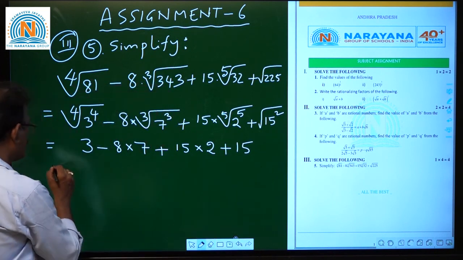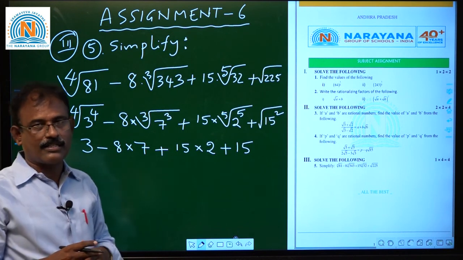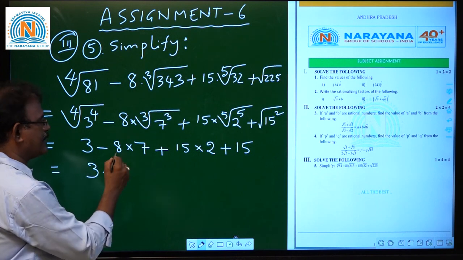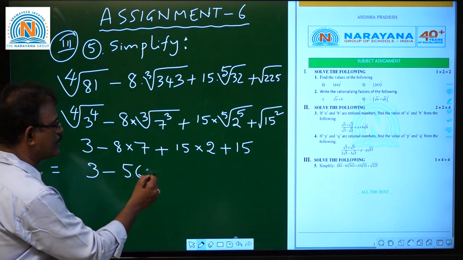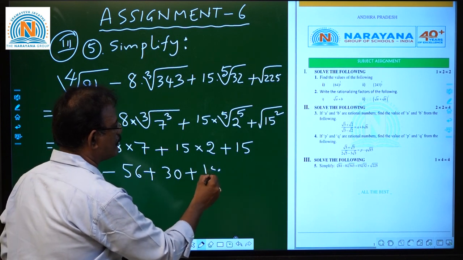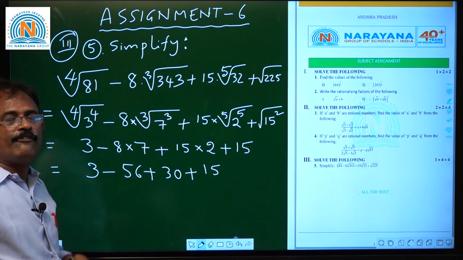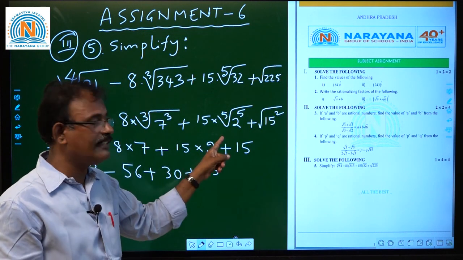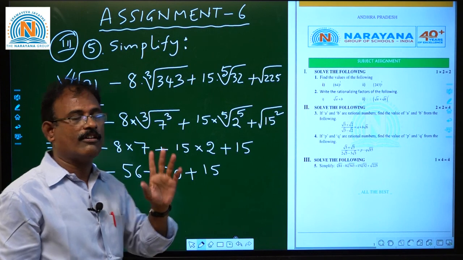Now, according to BODMAS, multiplication comes first. So 3, minus 8 7s are 56, 15 2s are 30, and then 15. If you do not remember BODMAS, though you are good at these calculations, you will get the wrong answer, children.